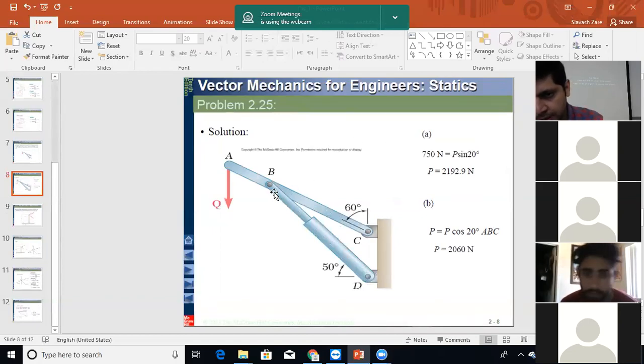So what is the perpendicular component to ABC if we consider the angle between ABC and BD? The perpendicular component would be the magnitude times the sine of this angle between BC and BD.